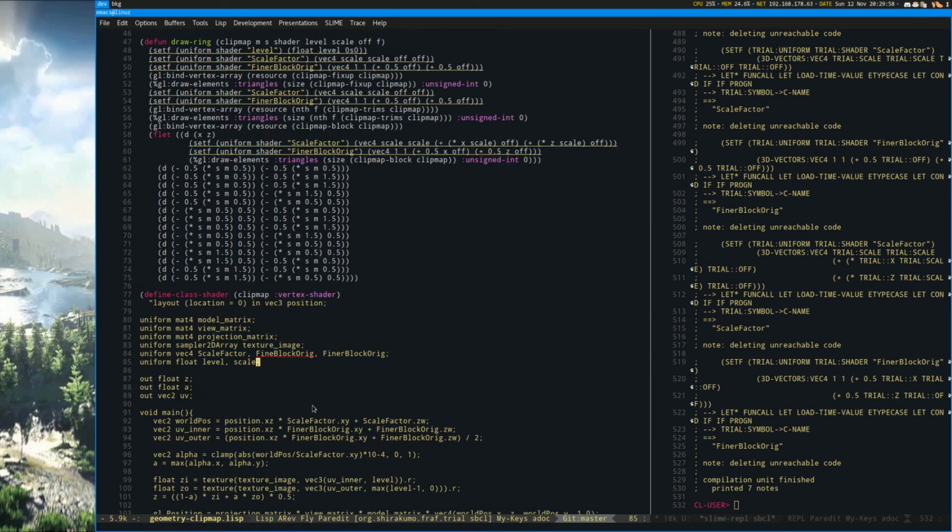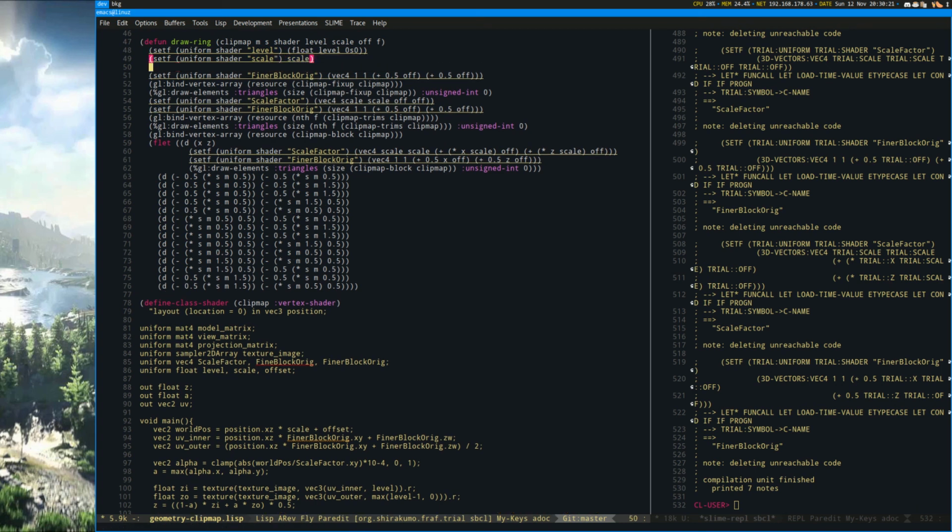So scale is gonna have to scale factor x, y, and then we're gonna have an offset, and that's gonna be this. So scale, uniform shader, offset, off.